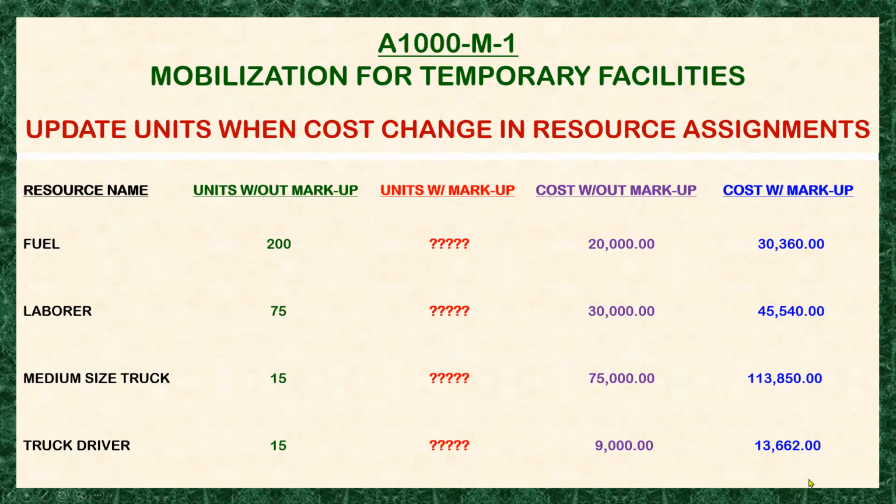And then later, we will run the markup cost again, but this time we have to set up Primavera P6 to also update the units once the cost changes. That is why I showed here, update units when cost change in resource assignments. So our purpose here is to show you how it works.